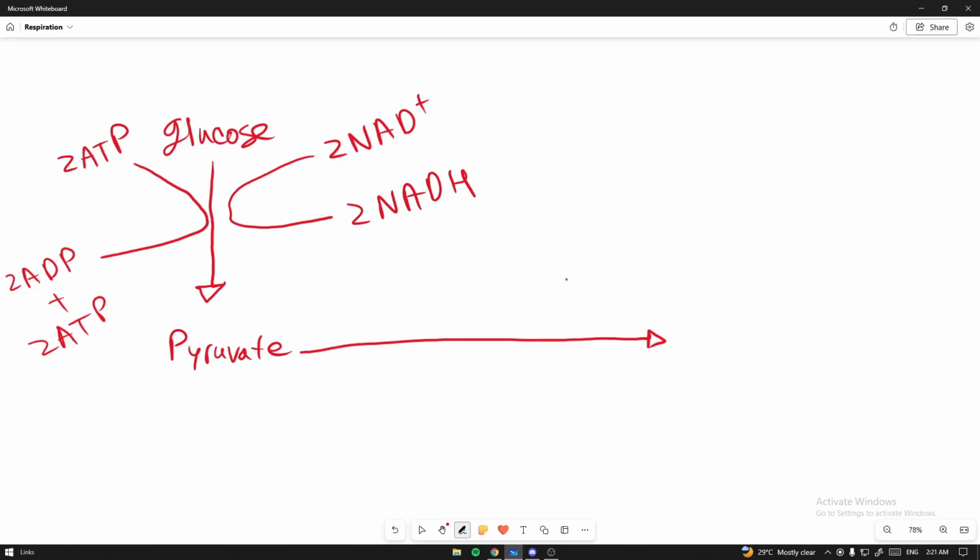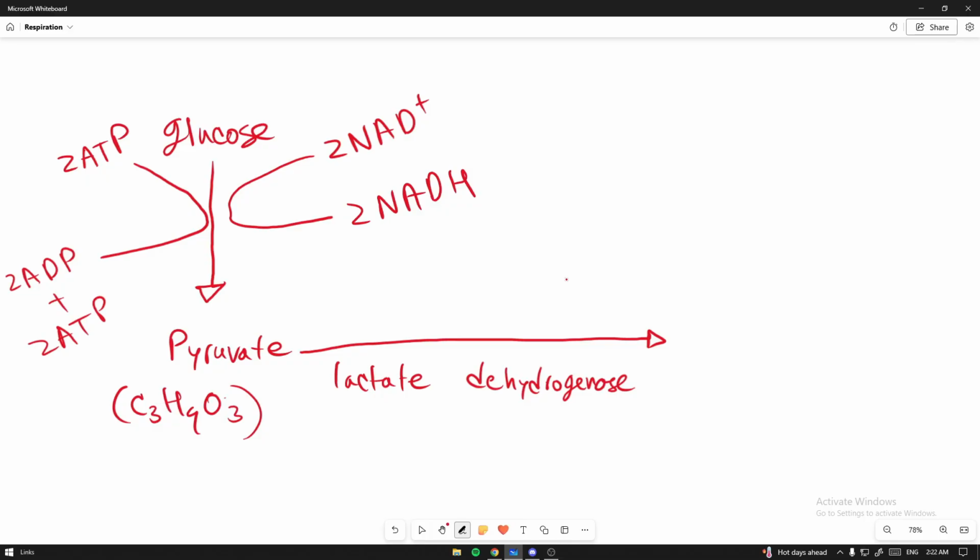We got an enzyme called lactate dehydrogenase. Also, you need to know the formula for pyruvate, C3H4O3. What's gonna happen is the lactate dehydrogenase is gonna add 2 hydrogen to the pyruvate.